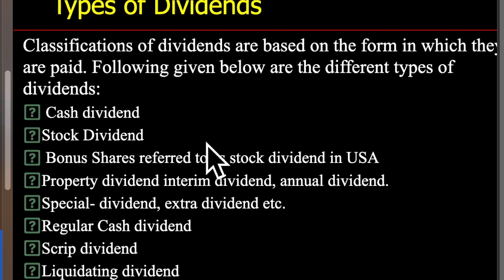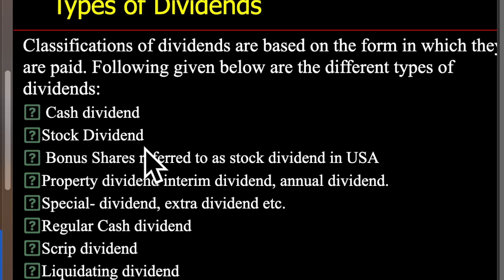After the declaration date, they have to know who is in the book on that date and should receive the dividend. At the end of the period, the third date is the payment date, when they pay out the cash. This cash will be transferred into the shareholders' account. So if you are an investor with shares in a company, at the end of that period you will receive the cash yourself.